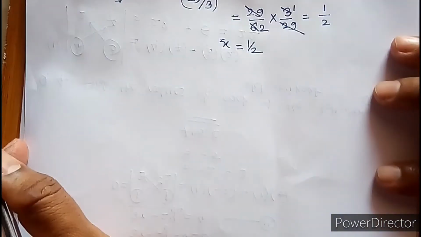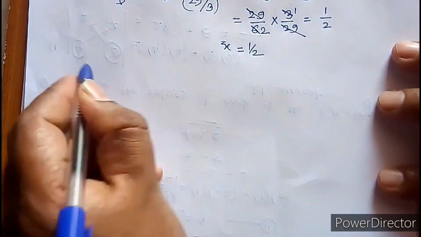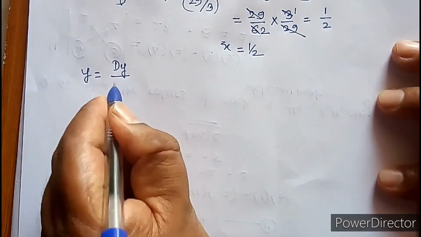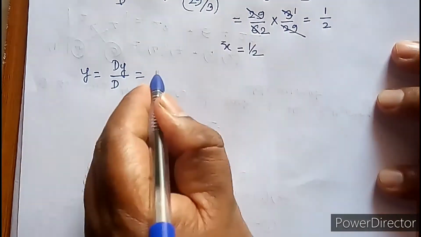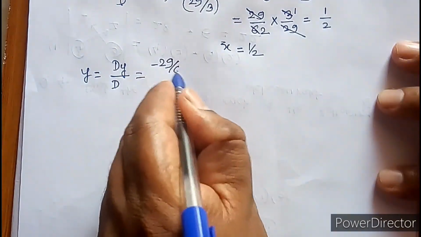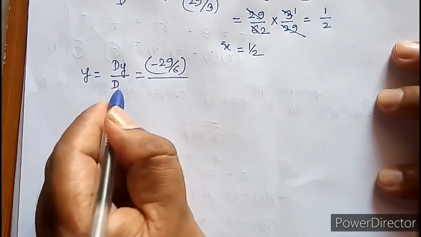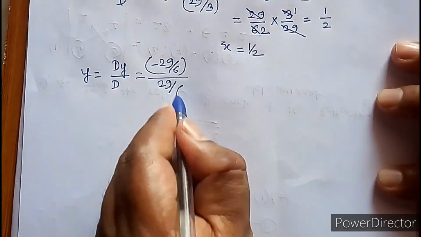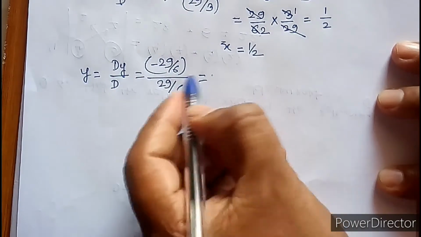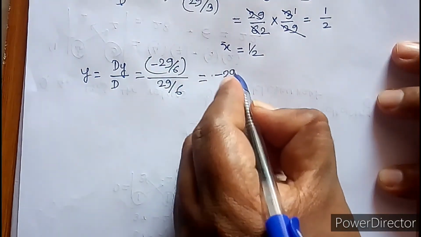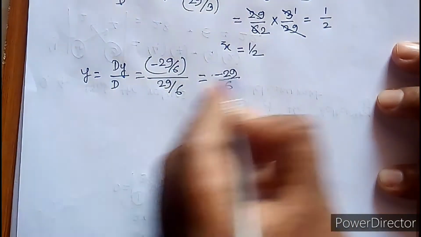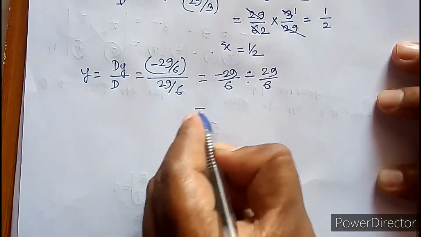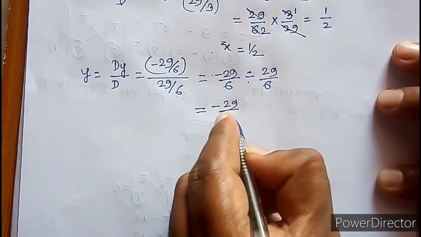Now we have to find the value of y, that is y equals to dy by d. The value of dy is minus of 29 by 6 in the numerator, divided by the value of d. On solving this, the numerator is minus 29 by 6 divided by this 29 by 6. What we get here, minus 29 by 6 as it is.